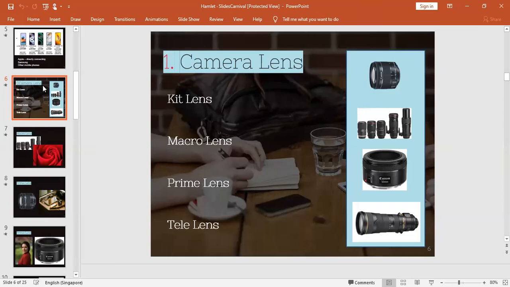The first picture which you see on the right side of my presentation, that is the kit lens. When you buy a Nikon or a Canon, even a Sony camera, you'll be getting this 55 mm or a kit lens originally with your camera.